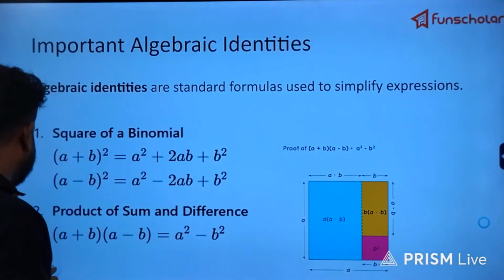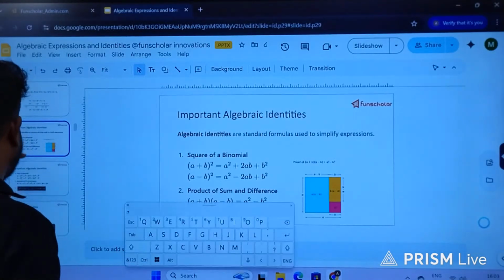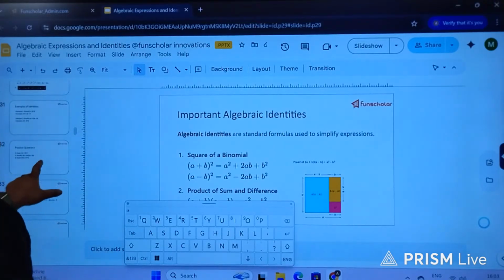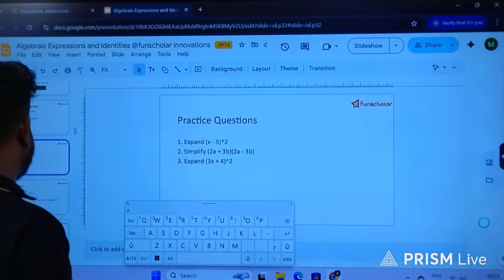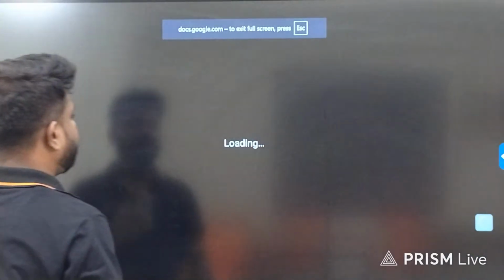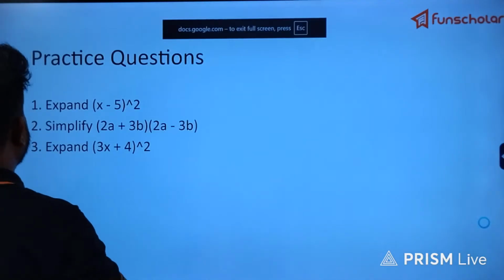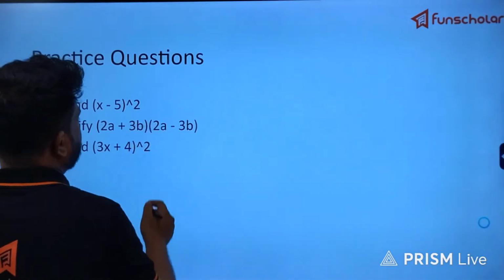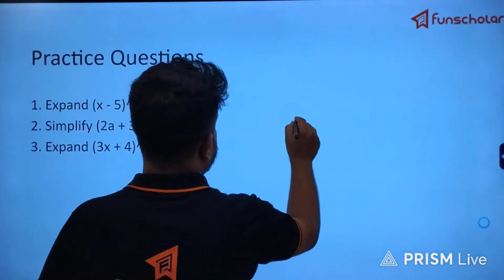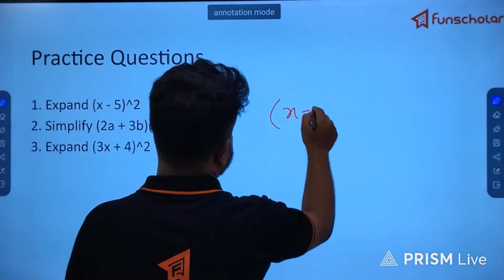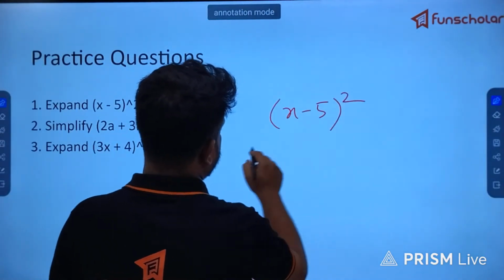So now do some sums or problems by using these identities. Like for the first one, it has x minus 5 square. Okay, and if we have to do it, it will be done like this. So x minus 5 and its whole square.